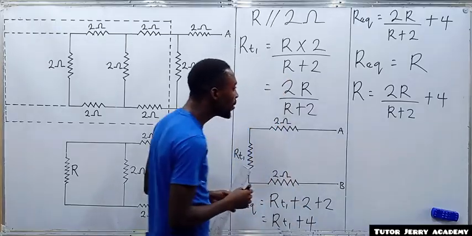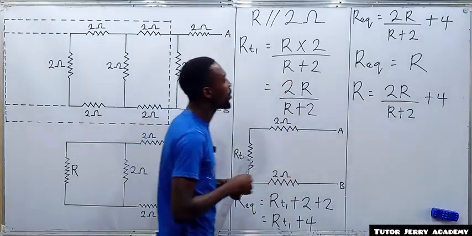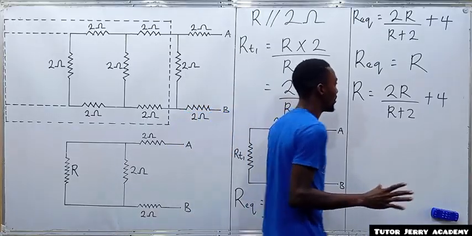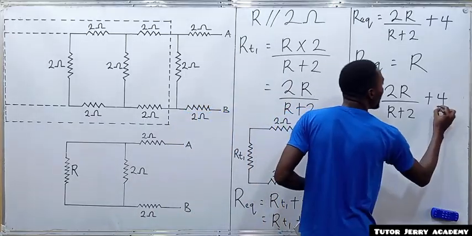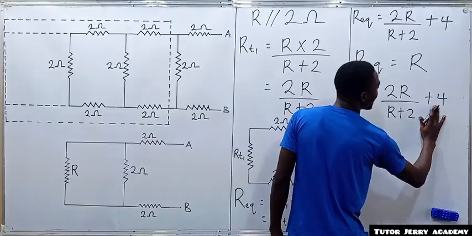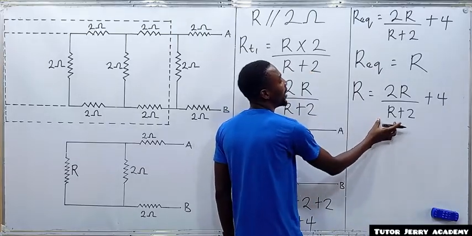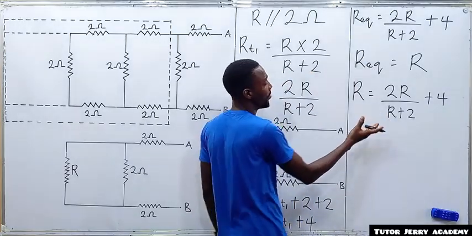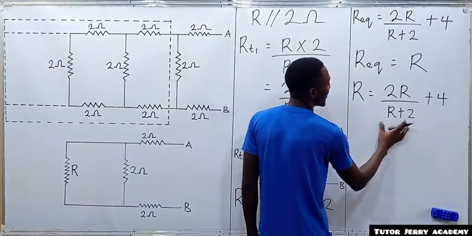All right. Now, the next thing we are going to do is to solve the mathematics. Instead of putting over 1, let's multiply through by the LCM. The LCM that we have here between R plus 2 and 1 is R plus 2.